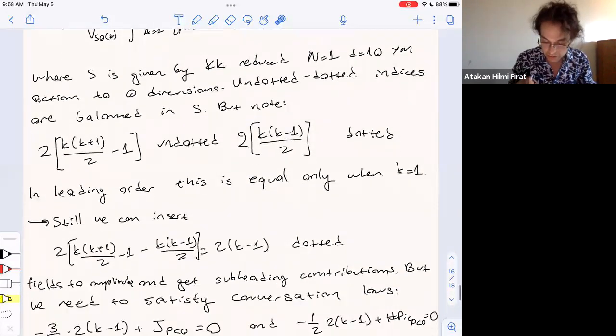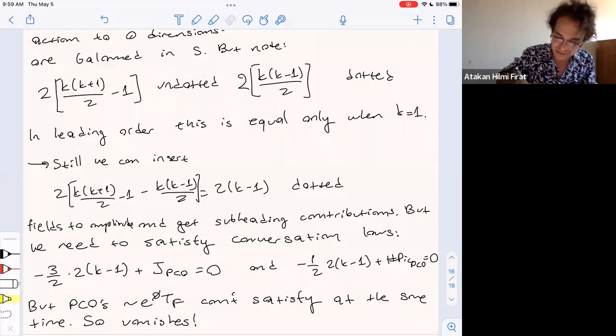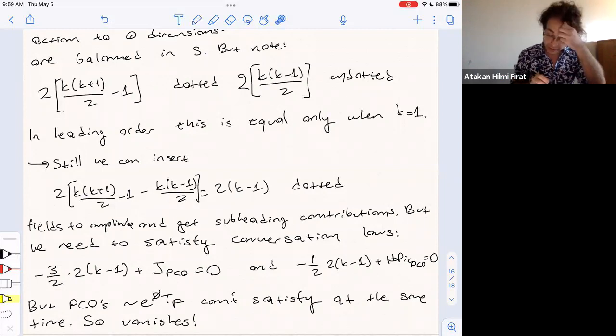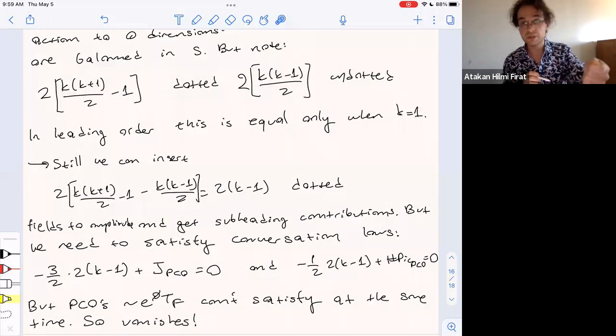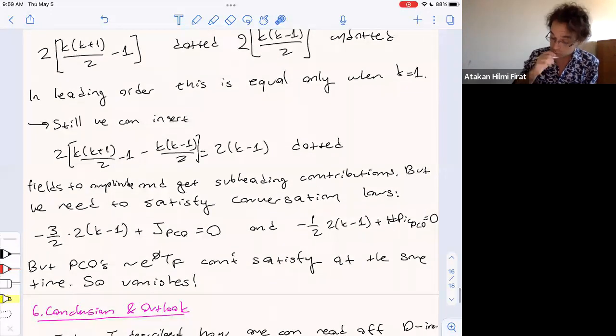But in fact, you can say, okay, what about the subleading corrections? I can add these dotted fermions to the amplitudes and saturate the zero mode integration, and get some non-zero term. But it turns out the two conservation laws don't allow you to do that.